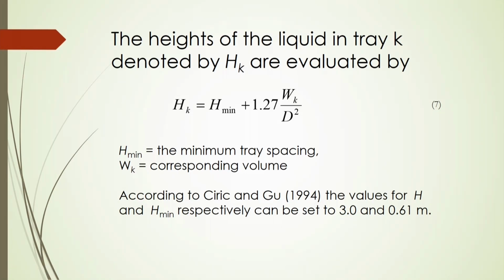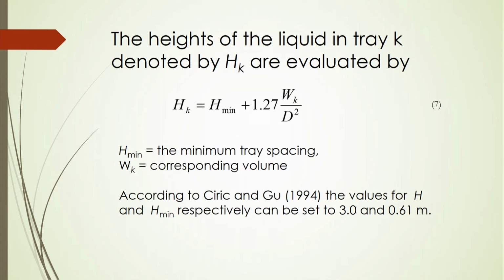In the slides, Hk is calculated based on the minimum tray spacing, and the corresponding volume is also considered. So, the height of the liquid in tray k is a function of the minimum tray spacing, the corresponding volume of the liquid and the diameter of the column.